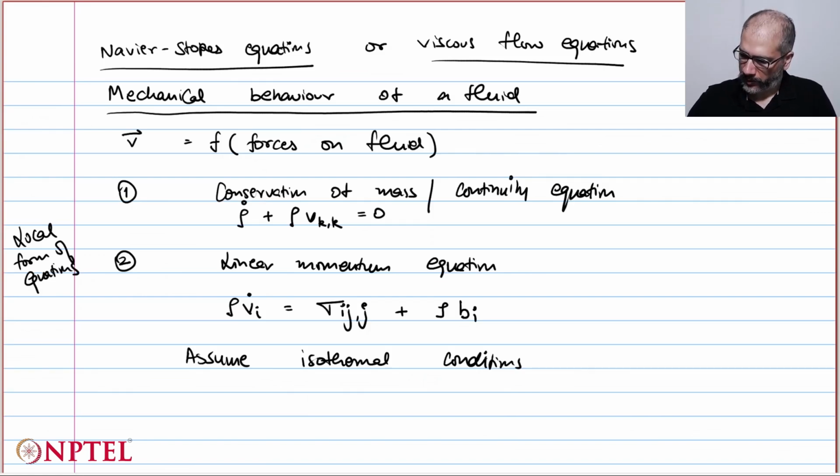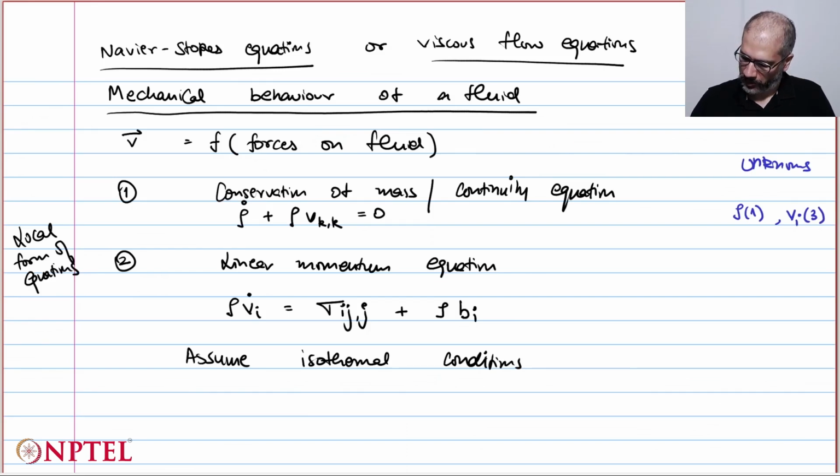So let us see what are the unknowns in these equations. In the first equation, the continuity equation, we have the density field as an unknown. So that's one scalar field to be found out. Then we have the velocity field as an unknown. So that's three scalar field components for the velocity.